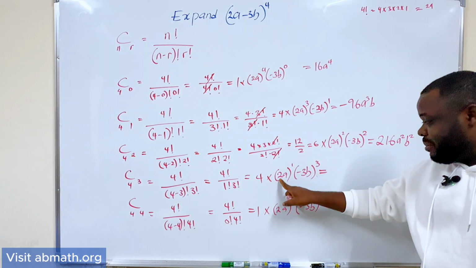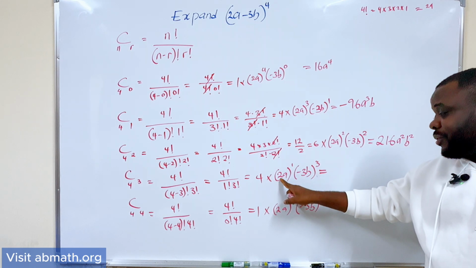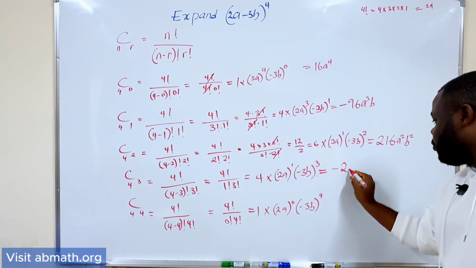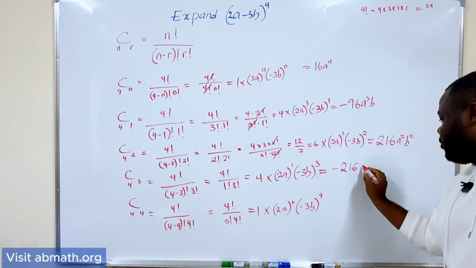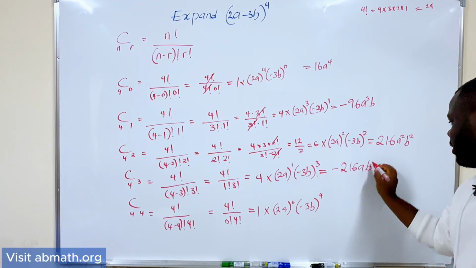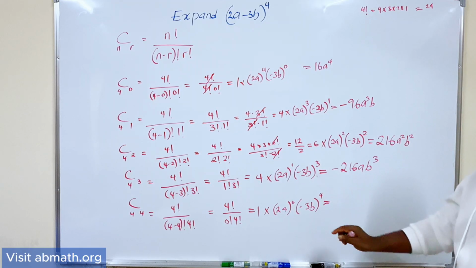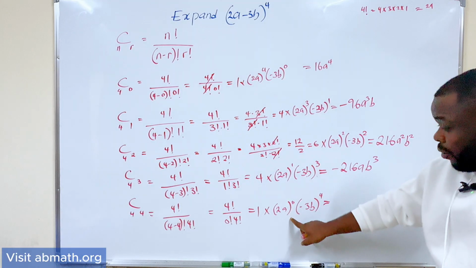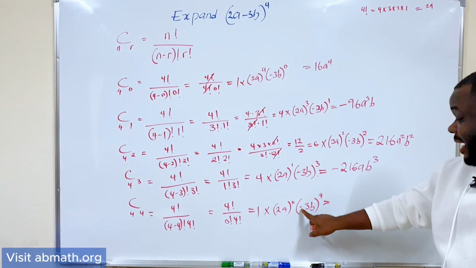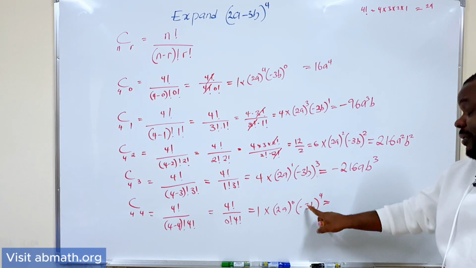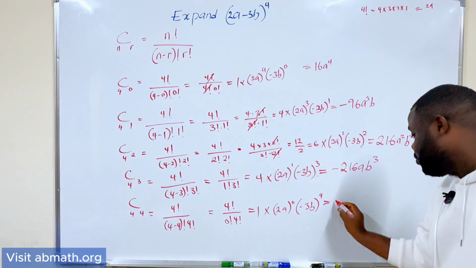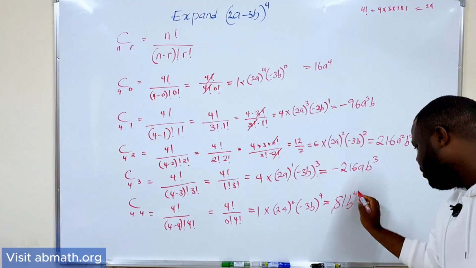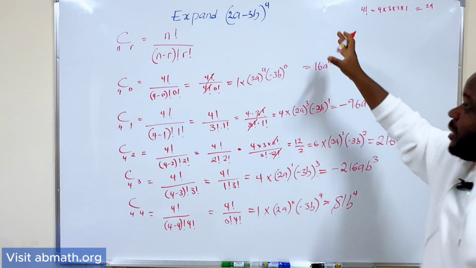Negative 27 multiplied by 2 gives you negative 54. Negative 54 multiplied by 4 gives you negative 216. So we have a to the 1, which is a, b cubed. Then for the last term, we have 1 multiplied by 2 power 0, which gives you 1 because everything here is 1. Then multiplied by negative 3 power 4. Negative 3 power 4 is 81, so 81b power 4.